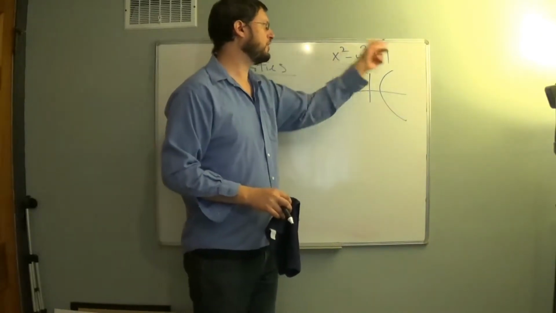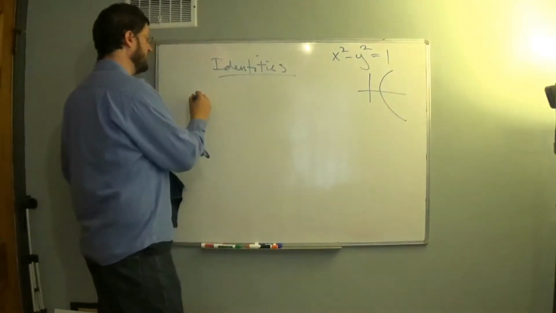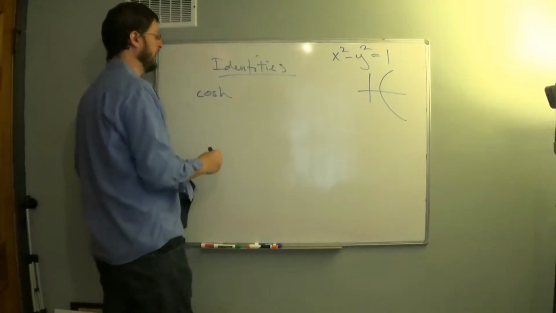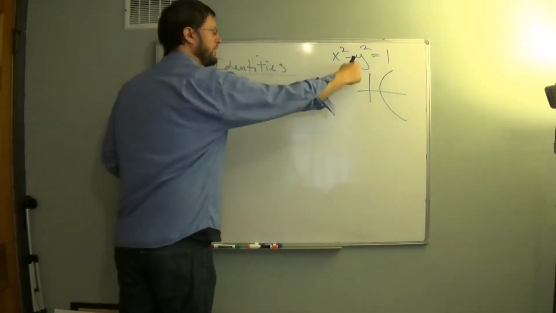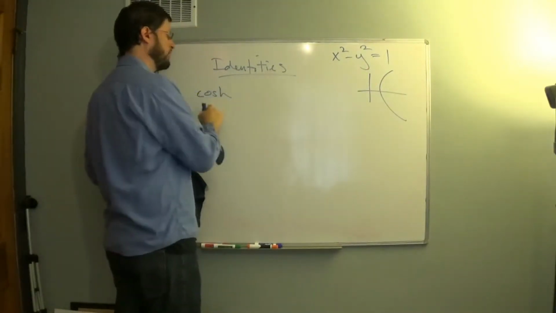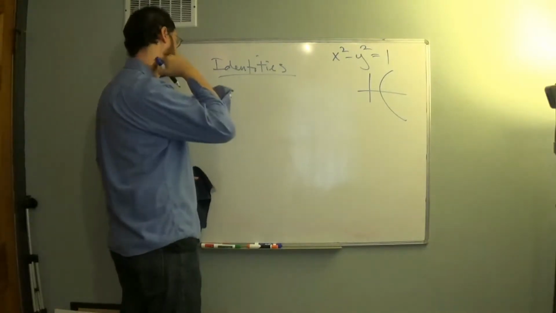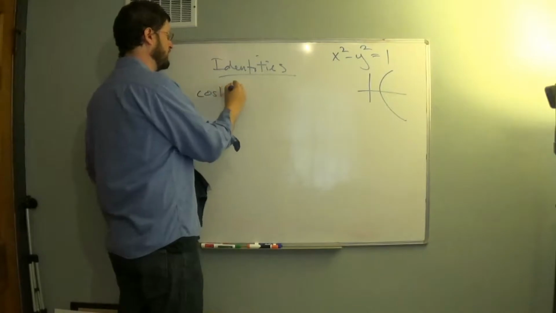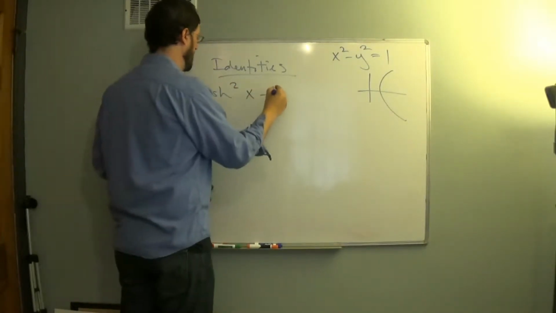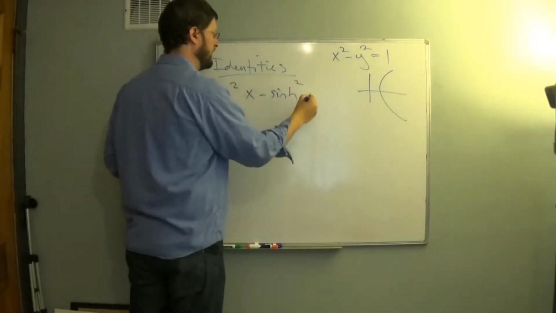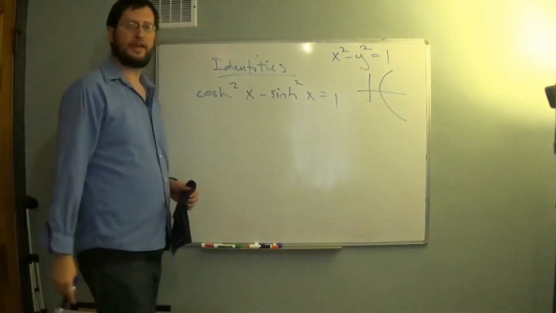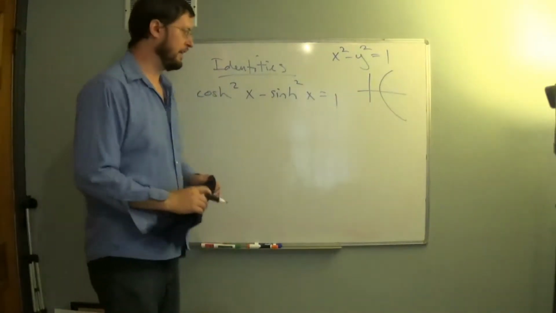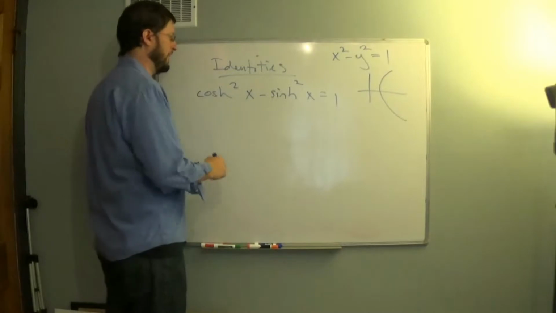So we actually are starting with this function, which leads us to a different fundamental identity. Because x squared minus y squared equals 1, and cosine h corresponds to the x coordinate, what we have is cosh squared minus sine h squared is 1. That is our fundamental trig identity for hyperbolic functions.